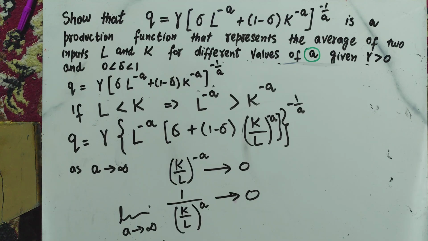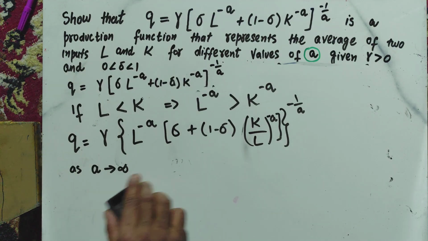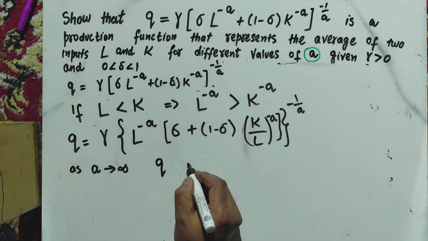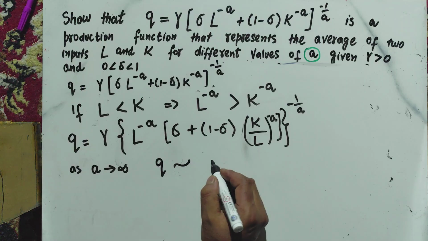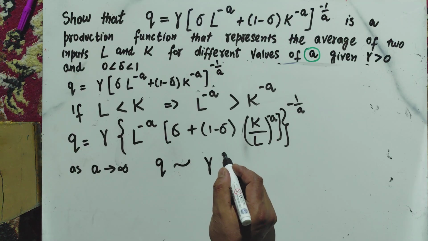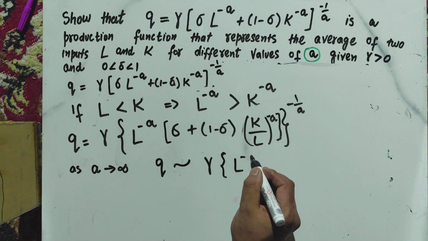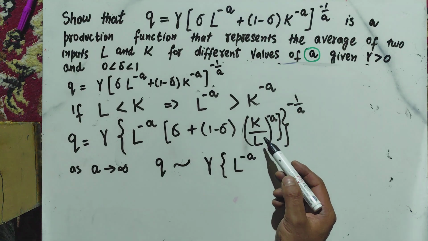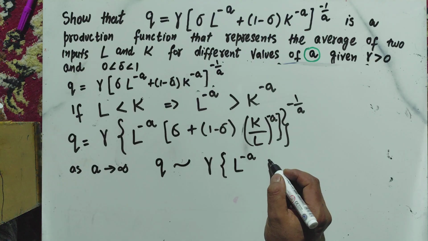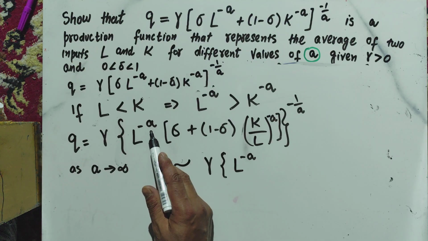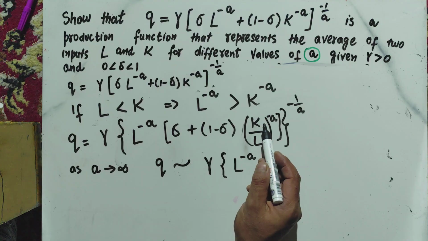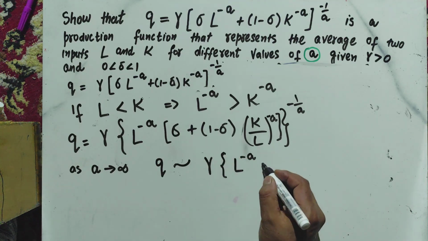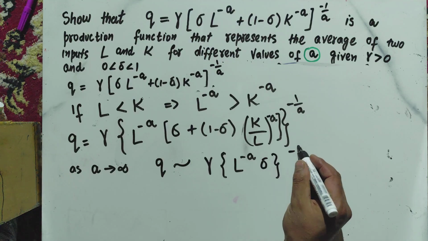So what will we get here? As a approaches infinity, our production function will approach gamma times L raised to the power minus a. I'm just getting rid of this for the sake of simplicity. Since this is 0, 0 times this will become 0, so we have delta only, whole raised to the power negative 1 upon a.